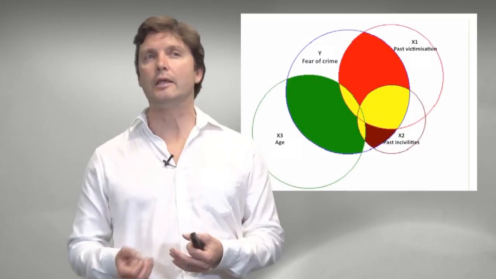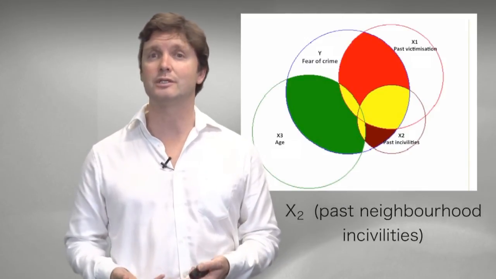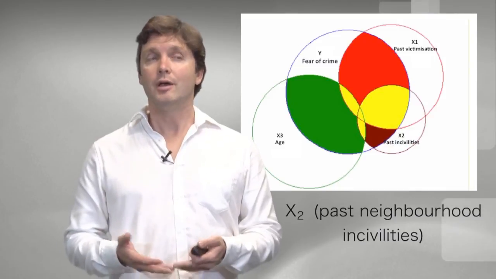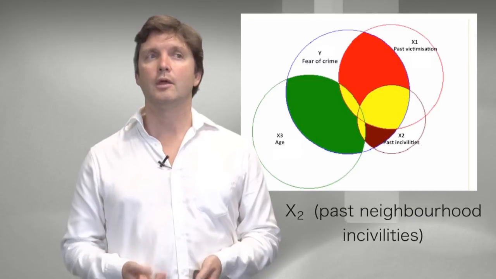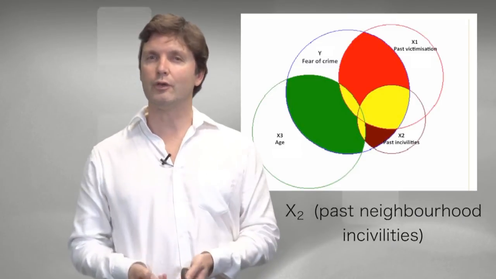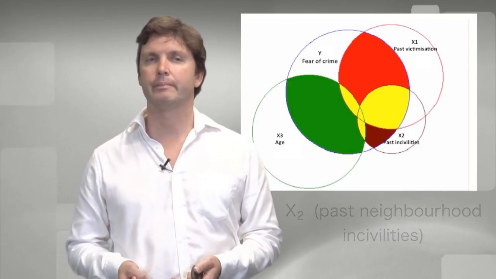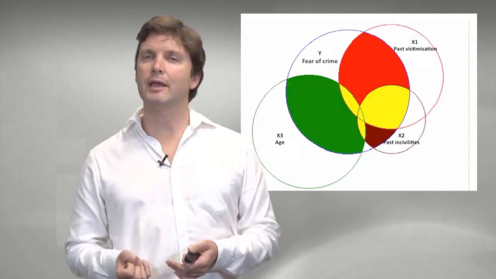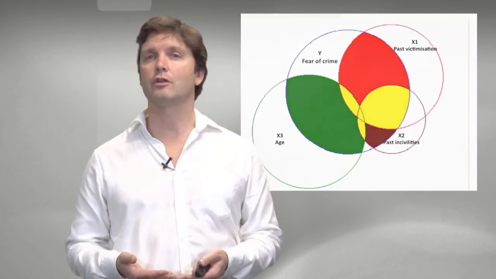So what this can mean though is that a variable such as x2, in this case past neighbourhood incivilities, might have a significant simple correlation with y, yet fail to have a significant unique relationship with y. This is the brown bit that's left. So in other words, it can get eliminated from consideration because it adds nothing to the significant prediction of y over and above what is explained by x1 and x3.